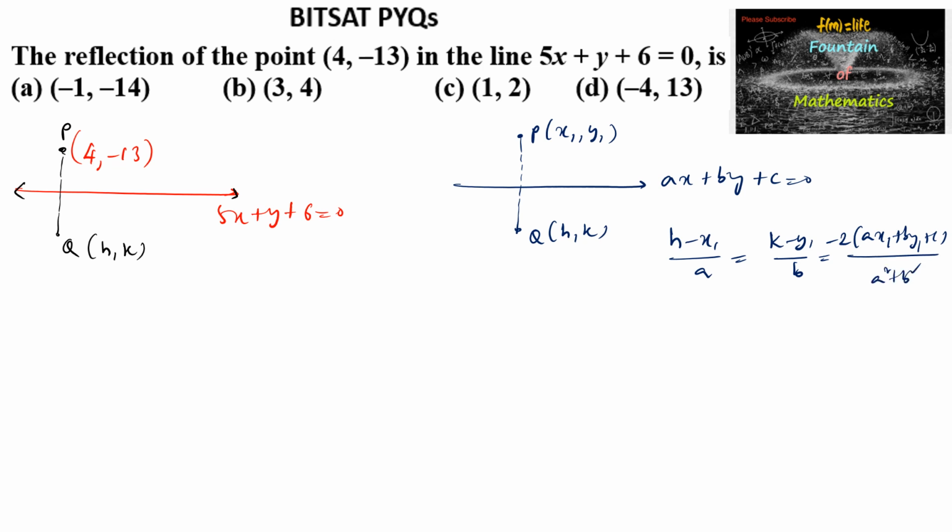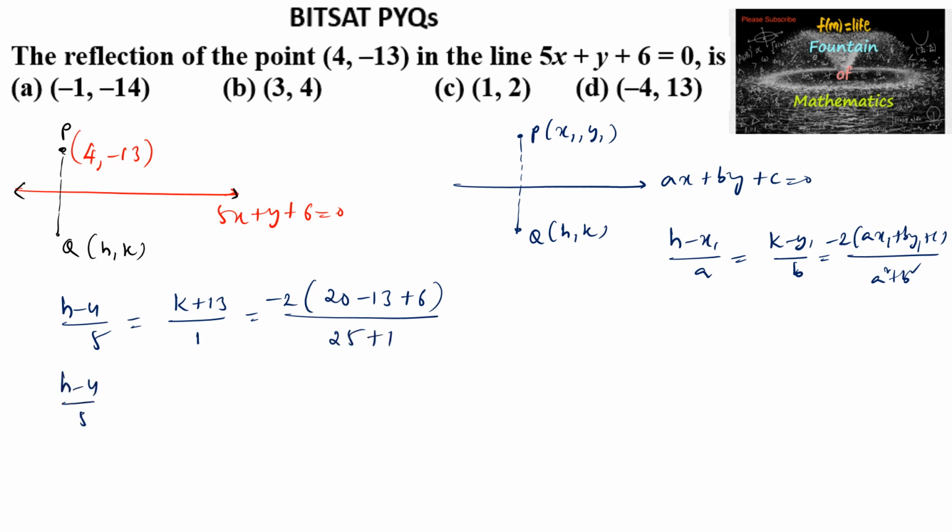So here we can write (h − 4)/5 = (k − (−13))/1, that is (k + 13)/1, equal to −2 times (4 into 5 = 20, and −13 into 1, so −13 + 6) upon a² + b², that is 25 + 1.